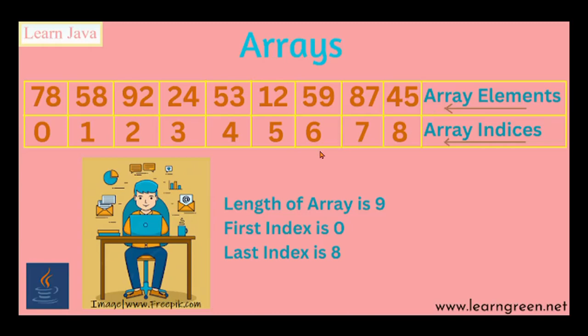The length of this array is 9 and the first index is 0 and the last index is 8. Last index number is 8 and first index is 0. Array index always starts from 0.